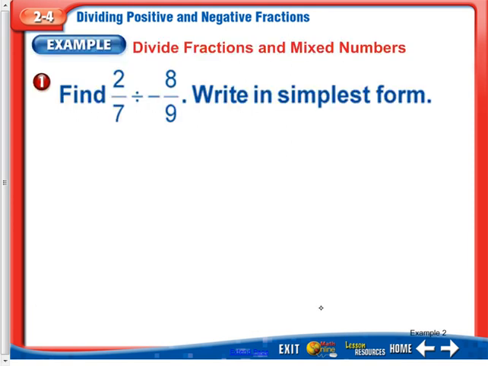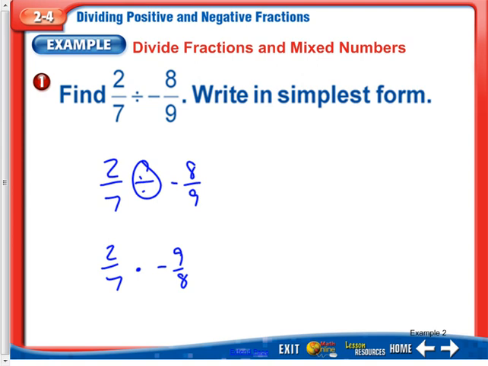Okay, so let's try a couple. Let's copy this down: 2/7 divided by negative 8/9. Since we're dividing, let's rewrite it as 2/7 times negative 9/8.